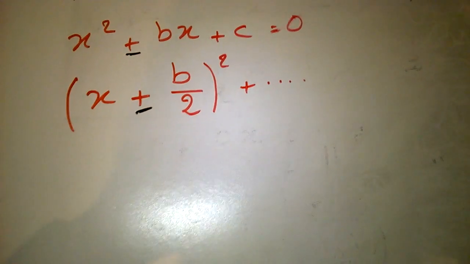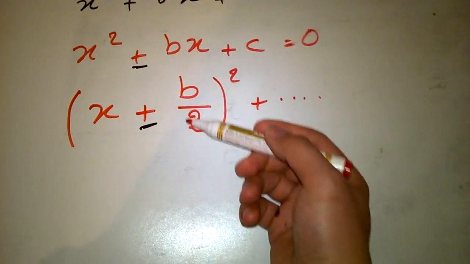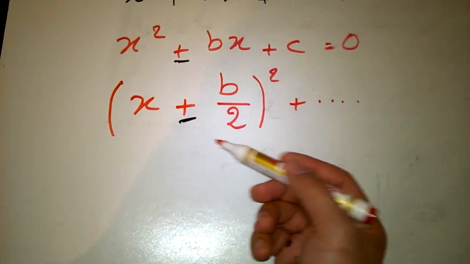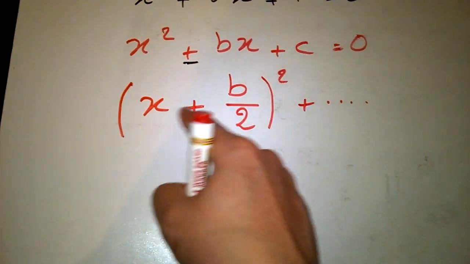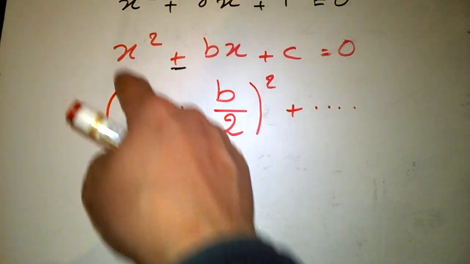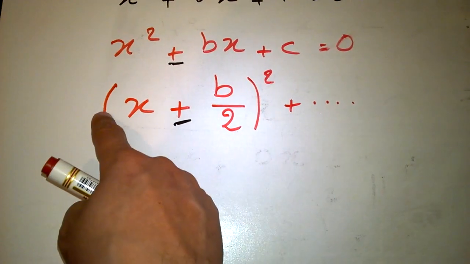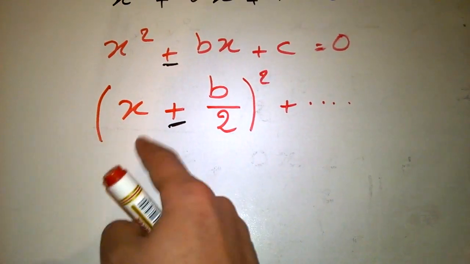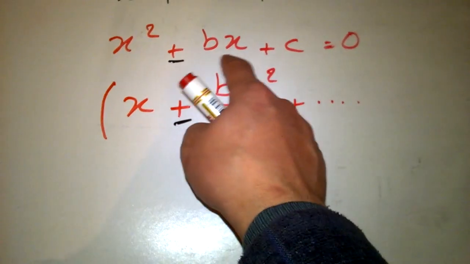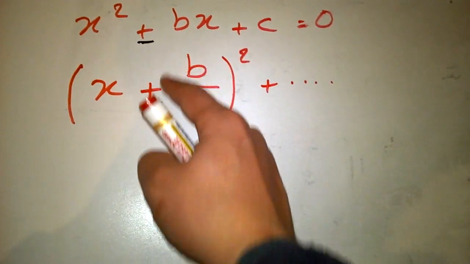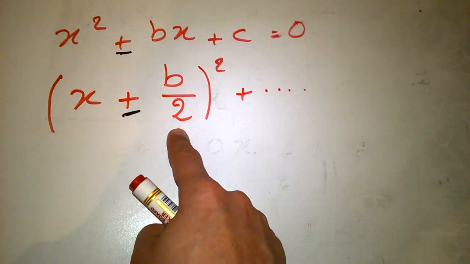For now I'm going to show you why we put b over 2. When we expand x plus b over 2 squared, we get x squared plus 2 times x times b over 2, which means bx, and we also get b squared over 4.